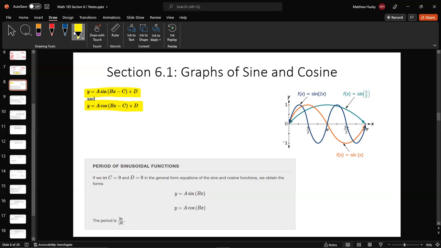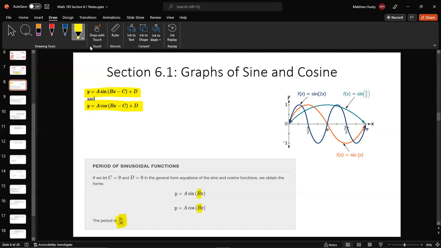You would be subtracting a value C inside the trig function, and then you would be adding a value D. What we're going to do is break down and look at what each of those numbers does to a trig function. The first one we're going to focus on is the value of B.